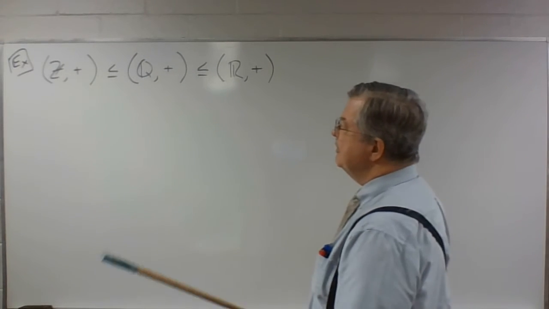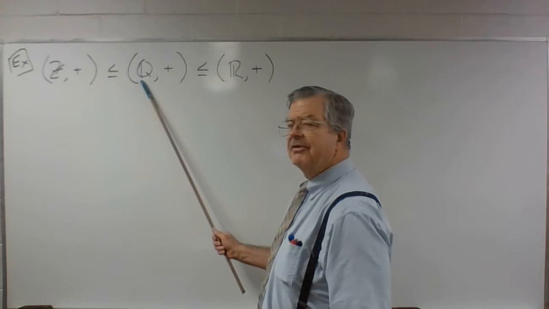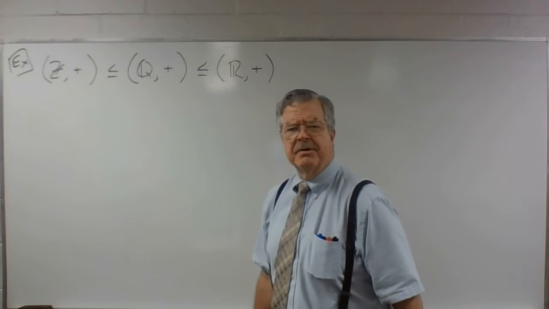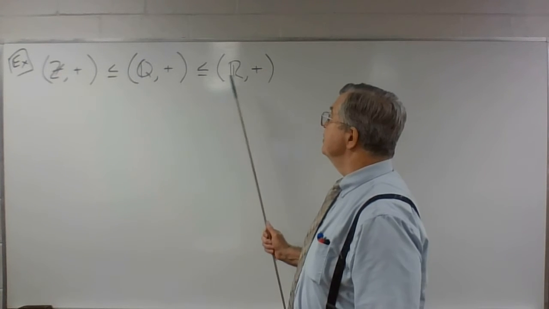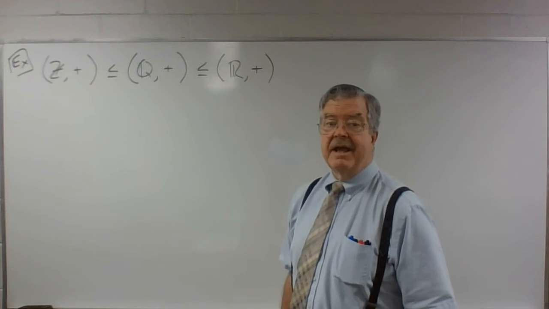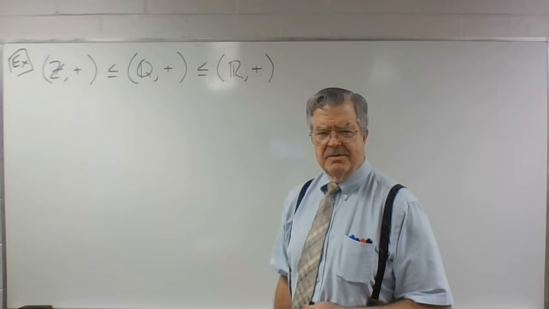Okay, our first example. The integers are a subset of the rationals, and the rational numbers are a subset of the real numbers. The real numbers is clearly a group. Add any two real numbers, we get a real number, so the operation is closed.